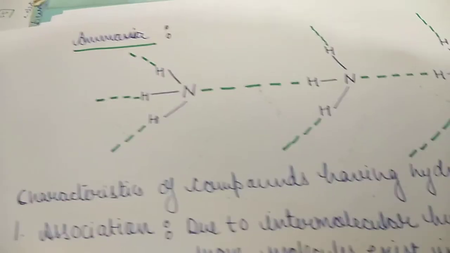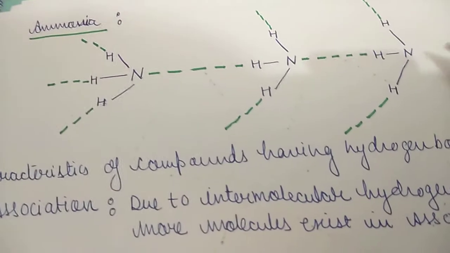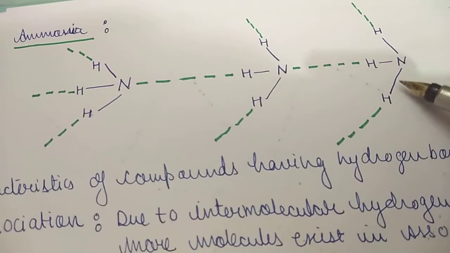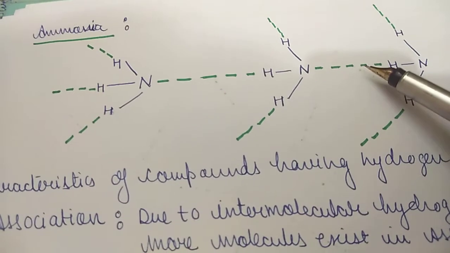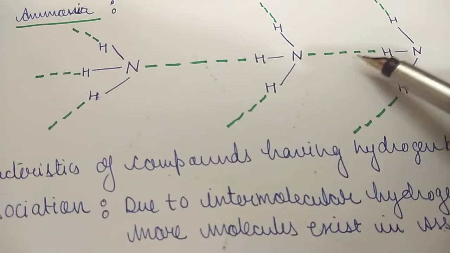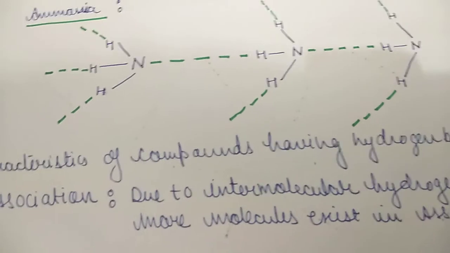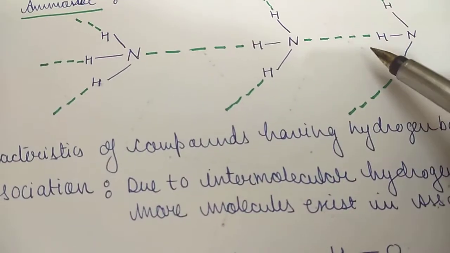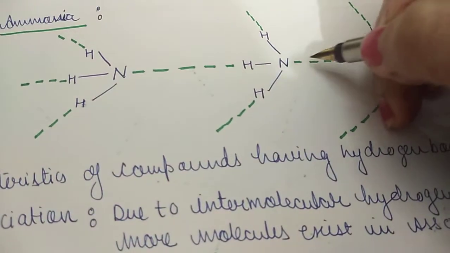Then another example is of ammonia. You can see the example of ammonia, hydrogen bonding in ammonia. These are the covalent bonds, and the ones marked with green color are the hydrogen bonds. So this is how associated molecules of ammonia exist.